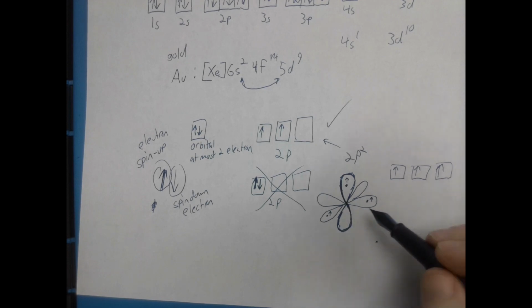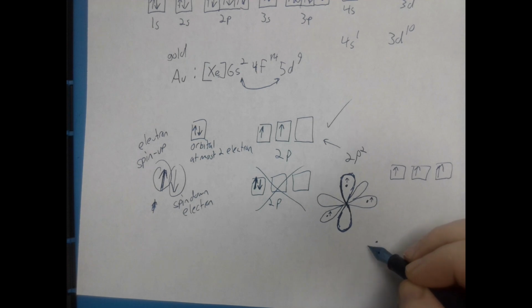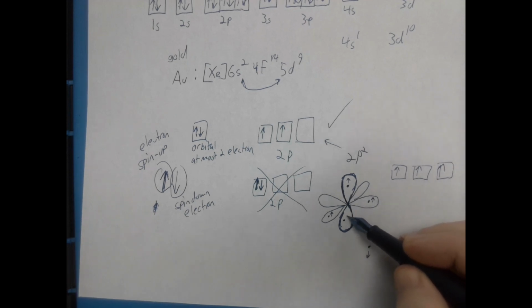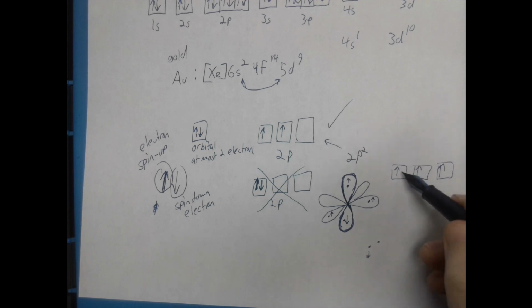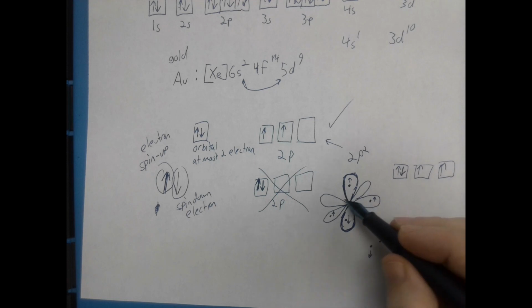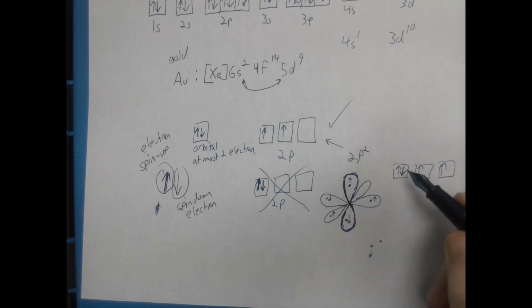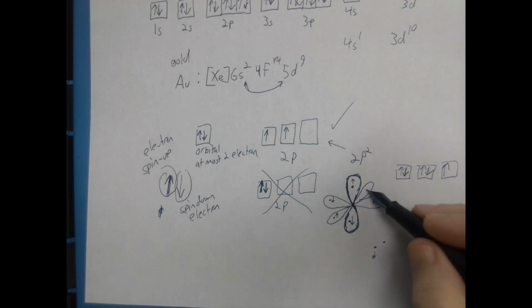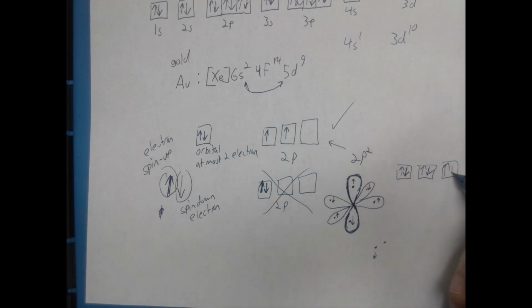So in order to add another electron, the electron has to be spin down. And when you add it into this one, it'll be a spin down electron. If I add another one, it would have to be spin down, and then the next one would also be spin down.